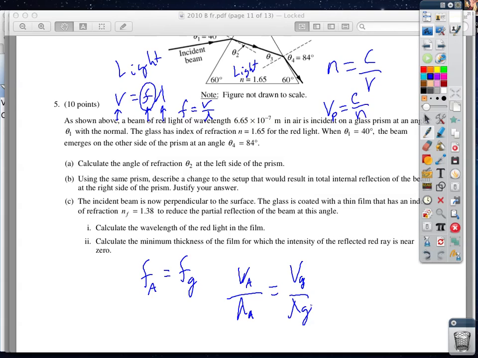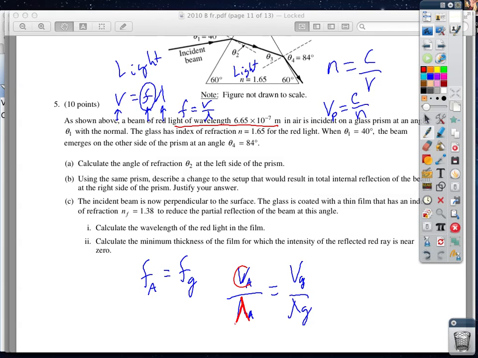Okay, so right here, and then from this we know that VA is C. Yes? Okay? And they tell us red light wavelength here. So we know this. This is given.